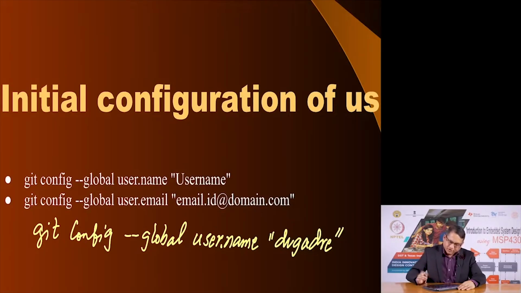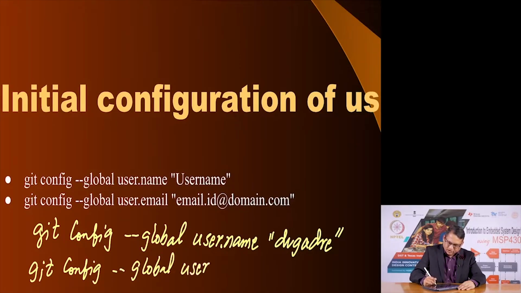After that, this registers me with Git with this username, and then on the command prompt again, I say git config, basically I repeat most of it, --global user.email, in double quotes whatever is my email address.